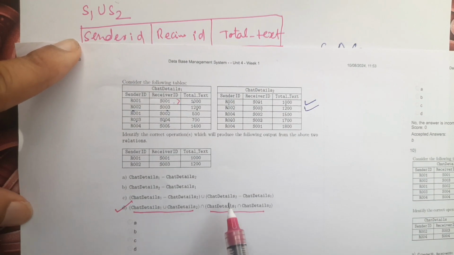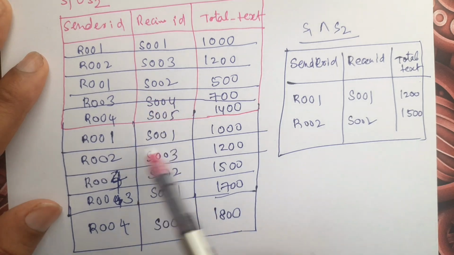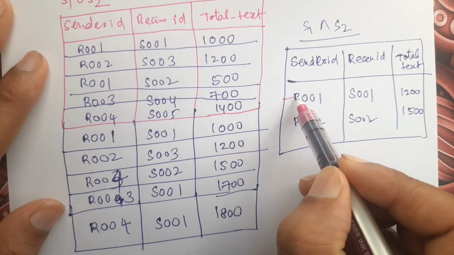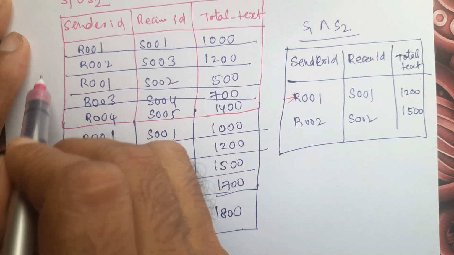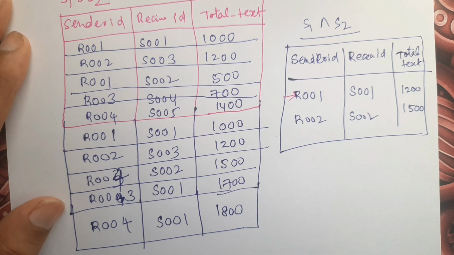Now we are going to find the common value of intersection between this one and this one. Now if you see the common values between this one and this one, R001 S1, yes, it is there. This is where we have S001 with 1200.